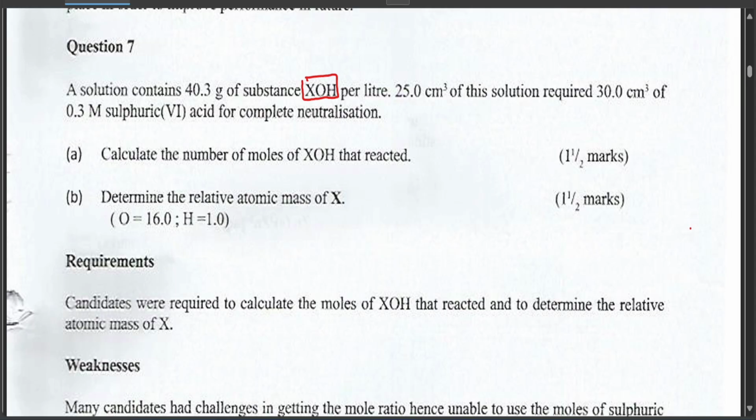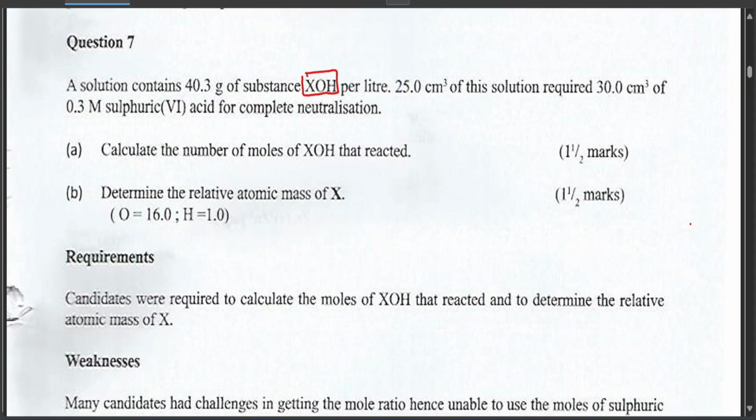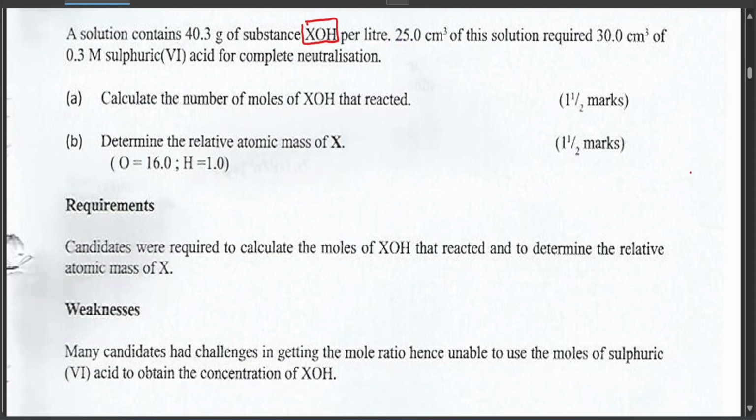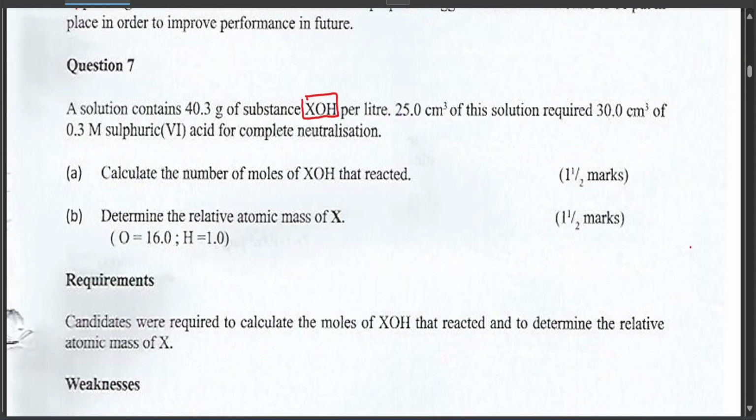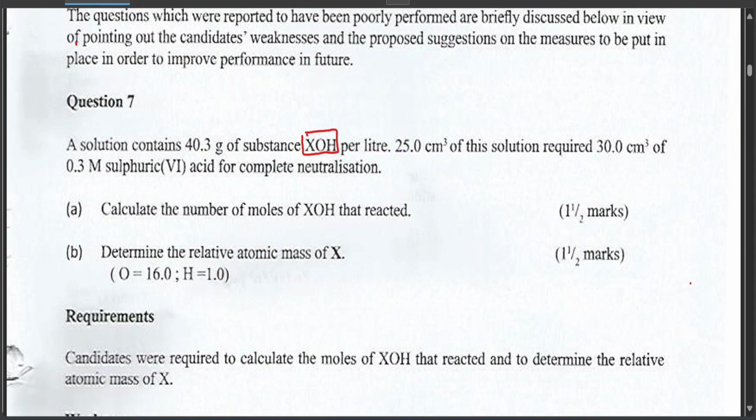So the requirements here included that the candidates were required to calculate the moles of XOH that reacted, and also to determine the relative atomic mass of X. Most of the students failed to answer this question well.